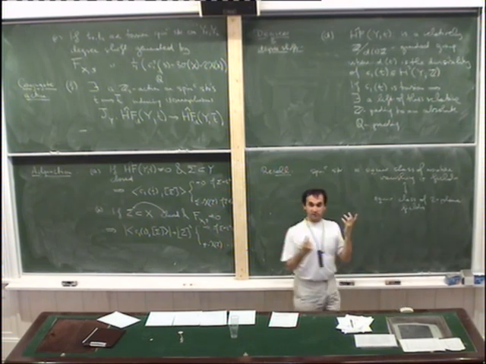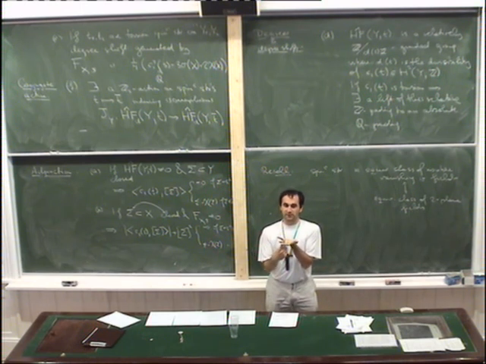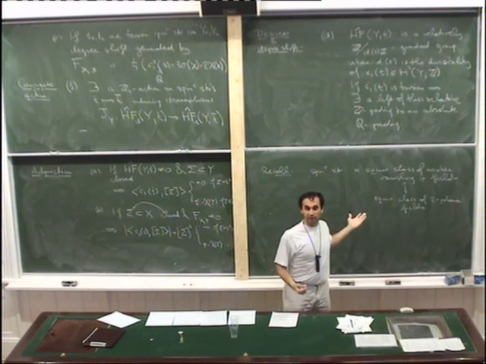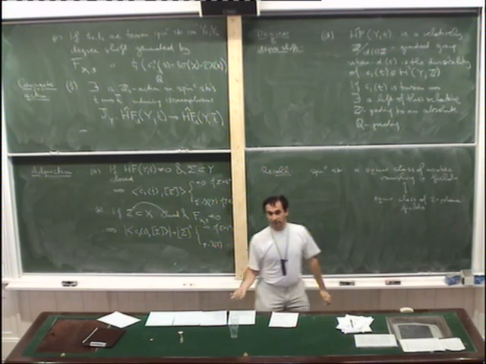Here the equivalence is that you take a two-plane field and its oriented orthogonal, and this will give you a nowhere vanishing vector field and vice versa.